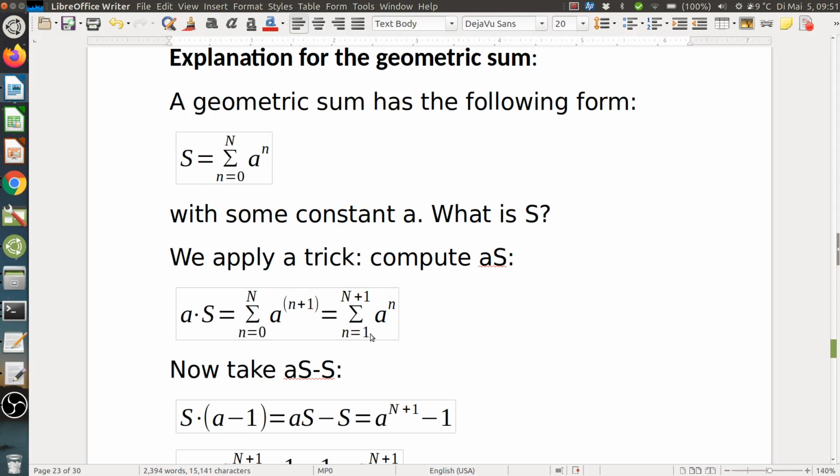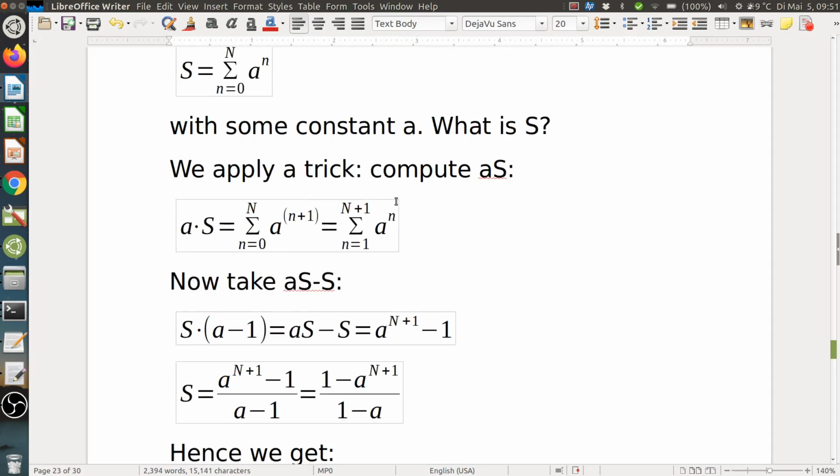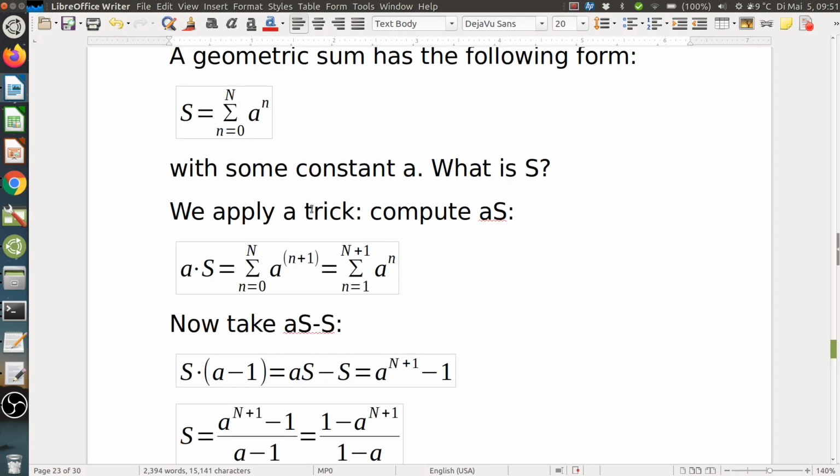That's the same as if we would shift the index by 1. And if we now take the difference between the shifted and the non-shifted version, we just get the first and the last index. So here we take aS minus S. So what's left is just the last entry of aS and the first entry of S.